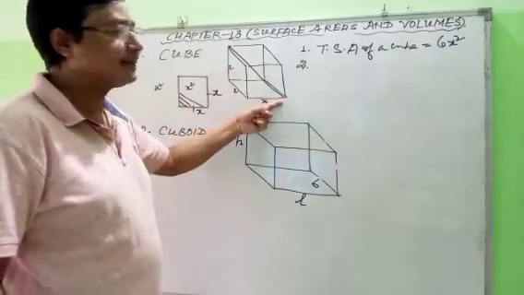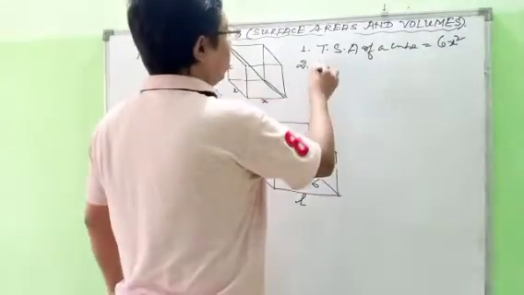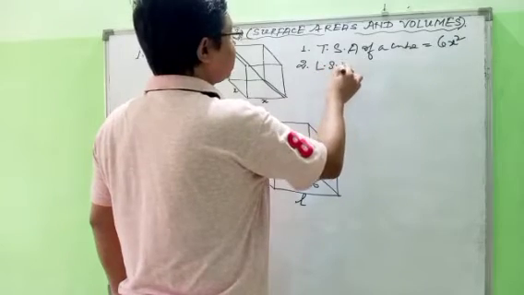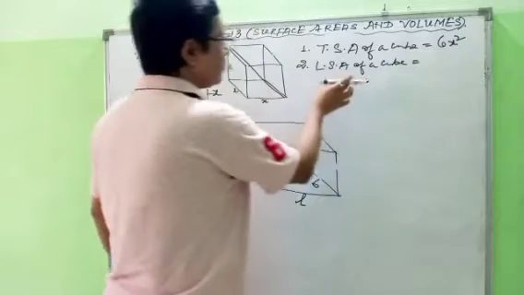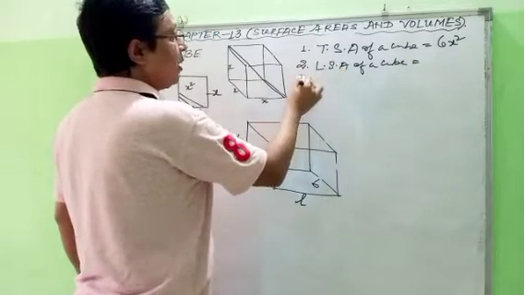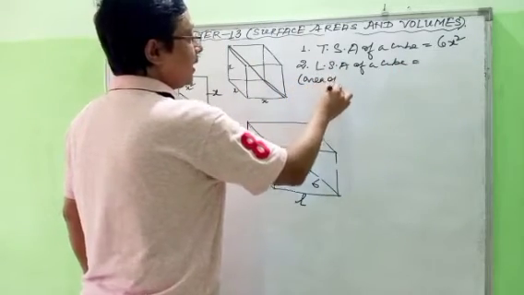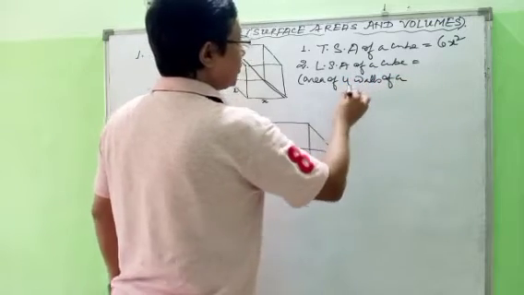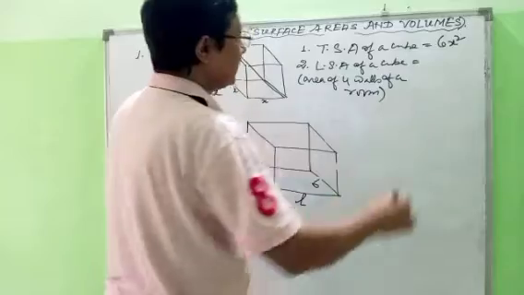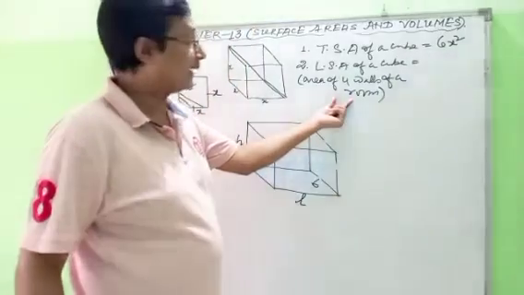Number 2. Now you are going to find the lateral surface area of a cube. This is also called the area of 4 walls of a room. So 4 walls. That means you are not going to count the ceiling and the floor.